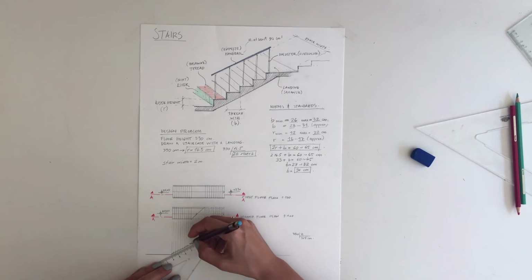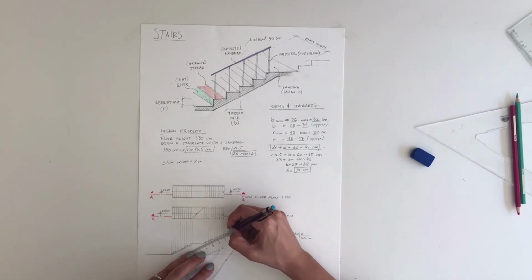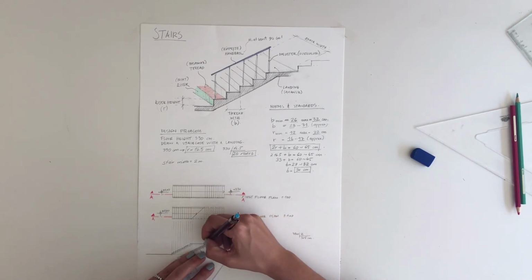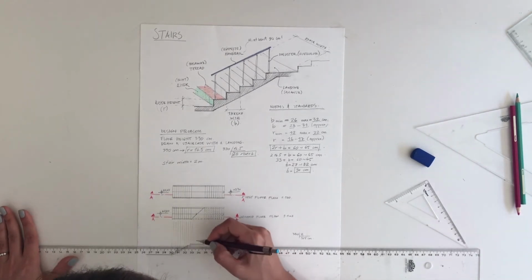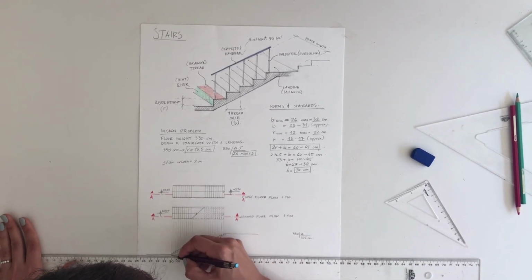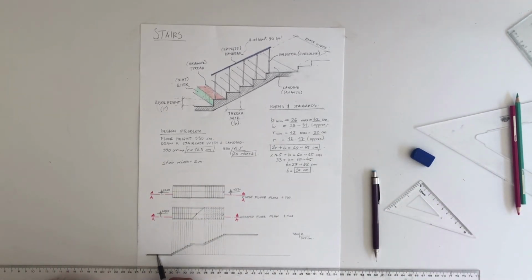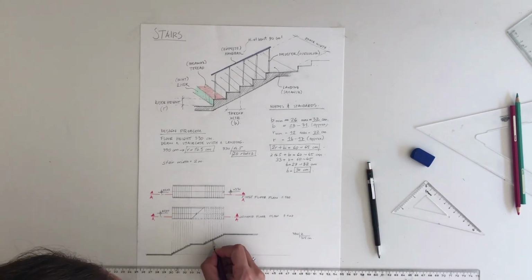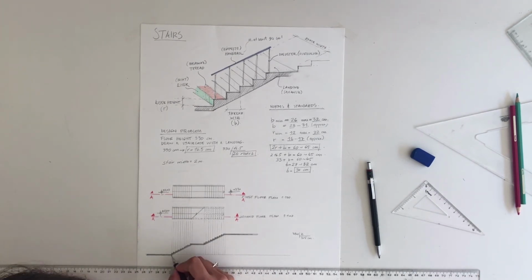We have a thickness, okay, these stairs are not made from paper, so I should put here the thickness of the floor like this, and then, as we always do, I hatch these parts because they're cut through the section cut. Again, I made my lines heavy to show that they're cut through the section cut.